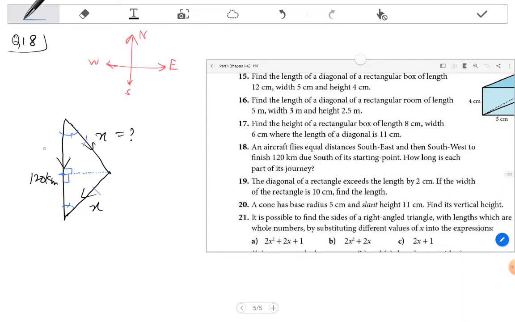So this distance is also known. 60 kilometers is this distance. So you can consider our right angle triangle over here. This is x, this is 60, and these two angles are also not known. We have to include angle theory here.